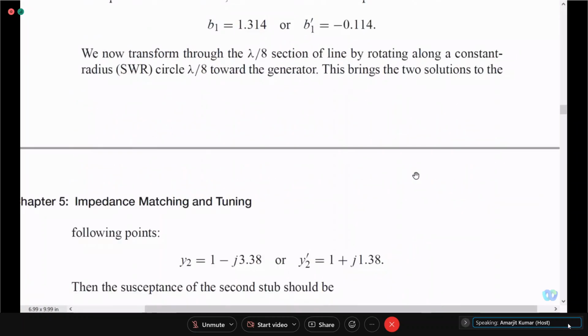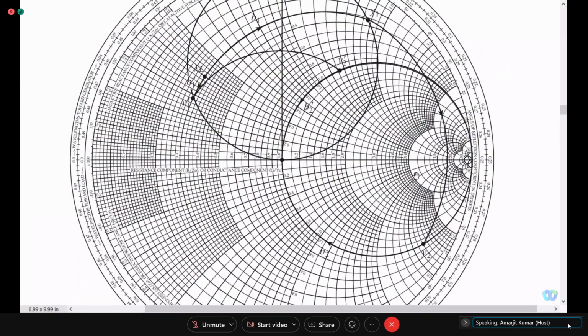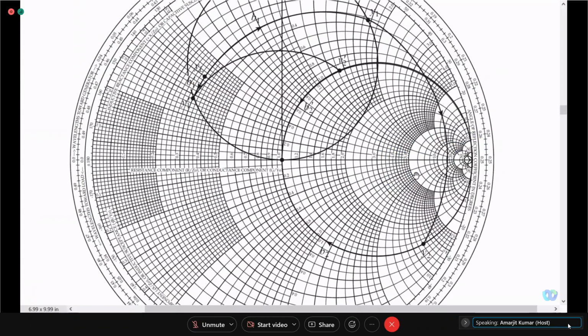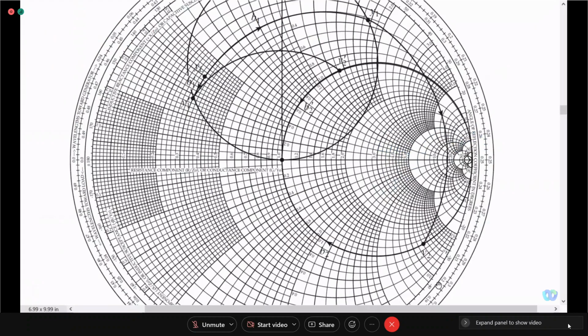They have written 1 minus j 3.38. And I have taken 1 minus j 3.34. 3.38 or 3.34, which is more correct? It is 3, 3.2, 3.4. So 3.4 I have taken.